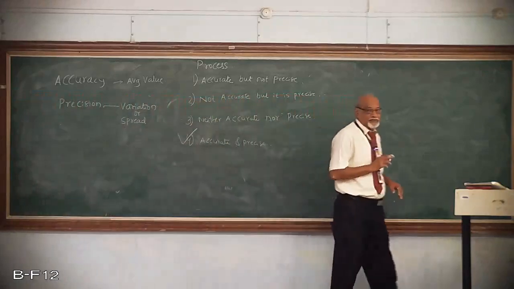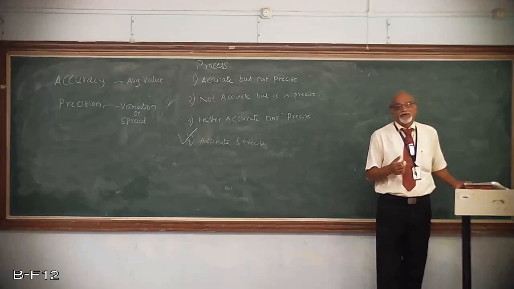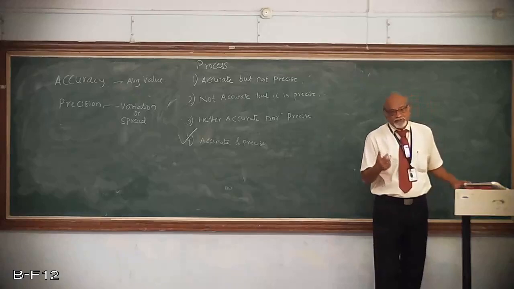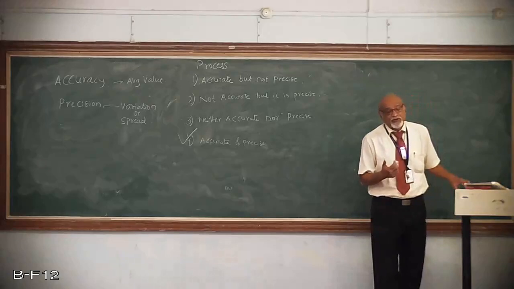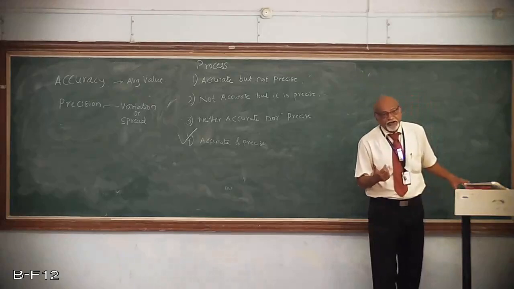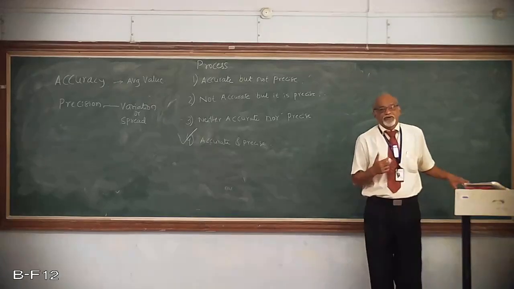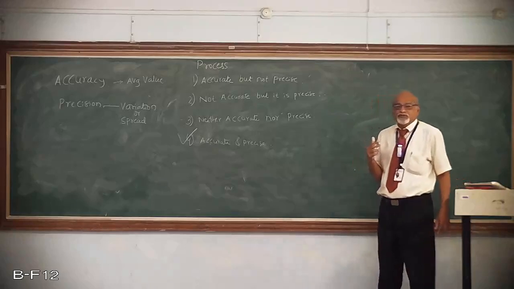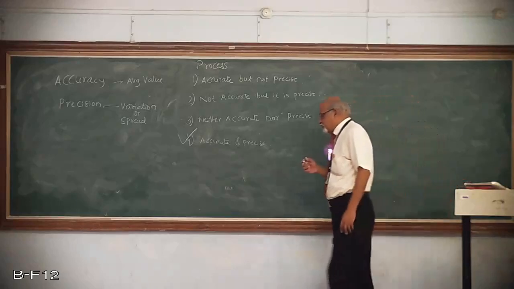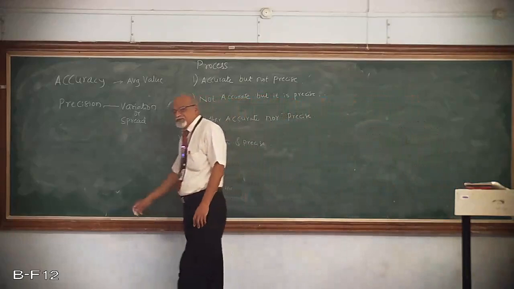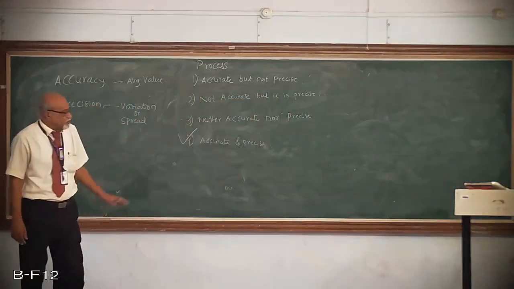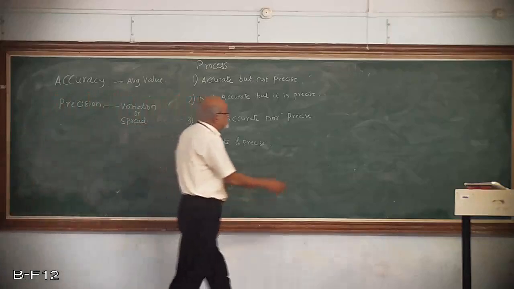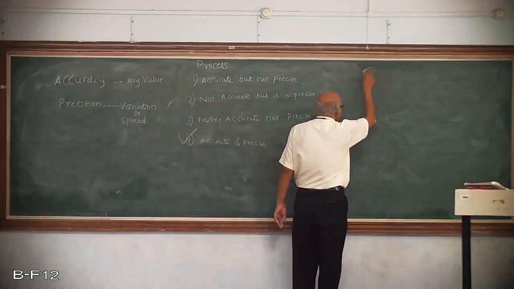But if I talk in terms of statistics, I should talk of accuracy and precision. Now here I am going to use the example of shooting. For shooting practice, what they use is the bull's eye.